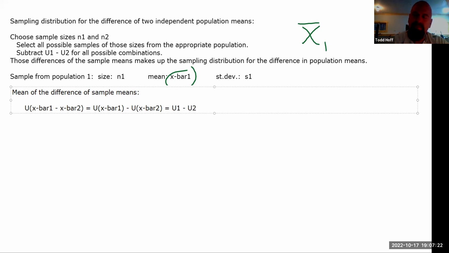So I can estimate the difference between the population means by just subtracting the sample means. Because on average, the difference of the sample means will equal the difference of the population means.